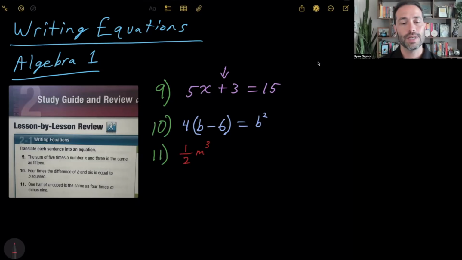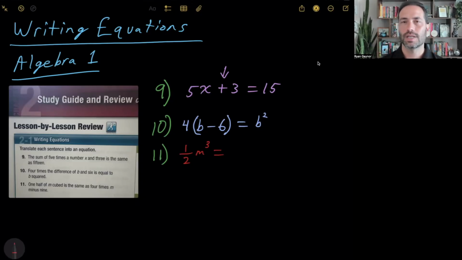Okay, so then it says is the same as. So in math, that's just equals. And then it says 4 times m minus 9. Okay, so notice here that it doesn't say like the difference of m minus 9, or it doesn't say the quantity of m minus 9, which means that they will not be like one thing inside of a parentheses.